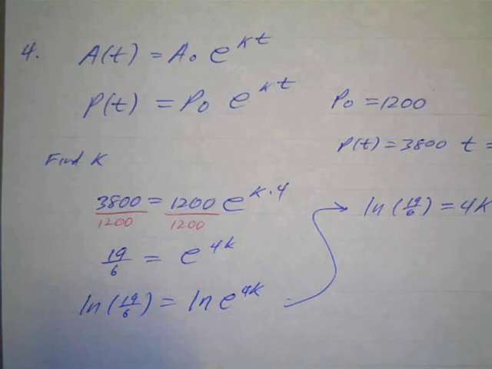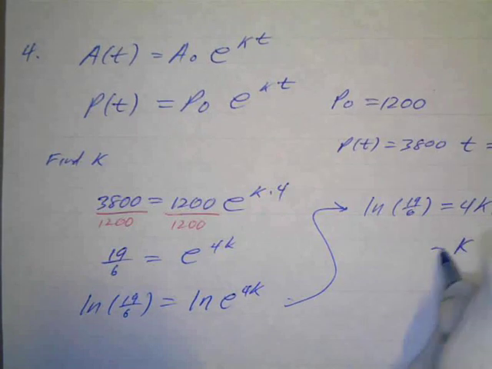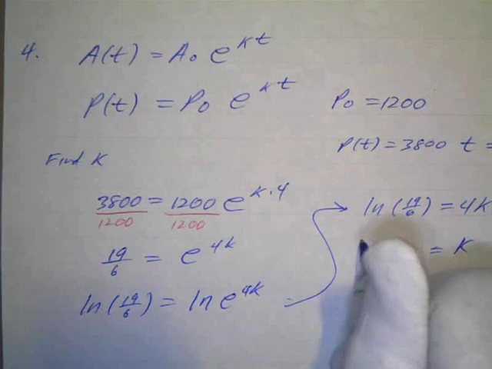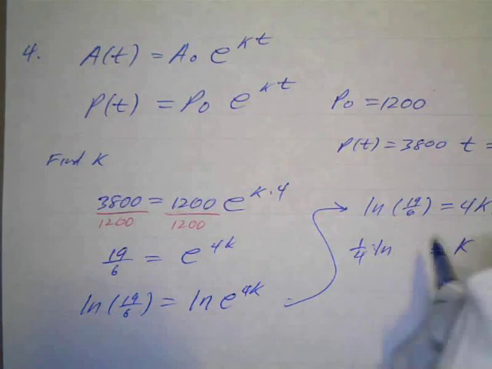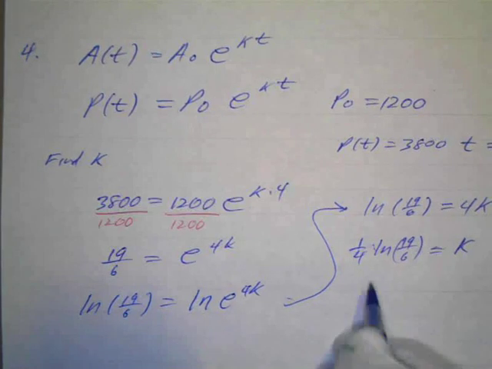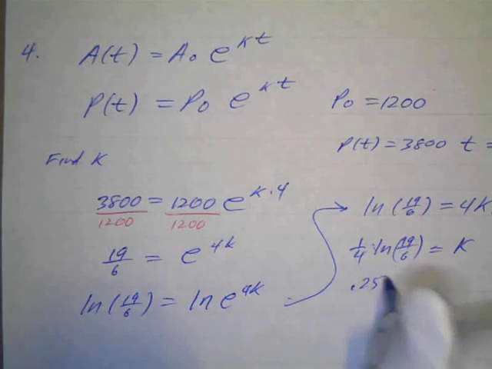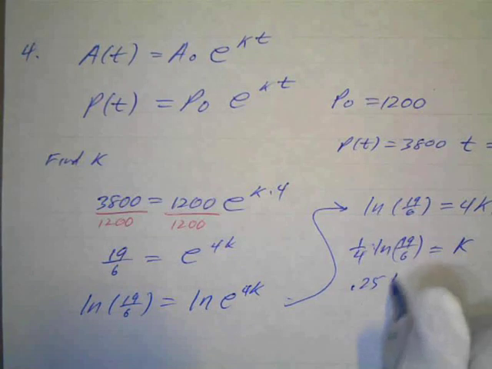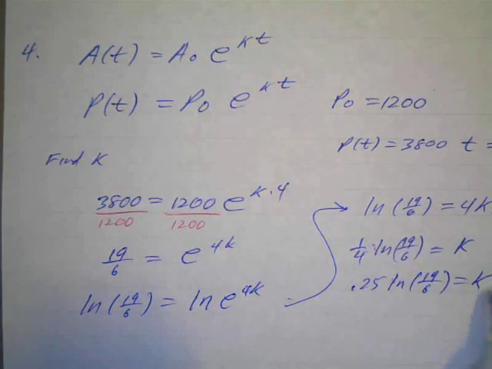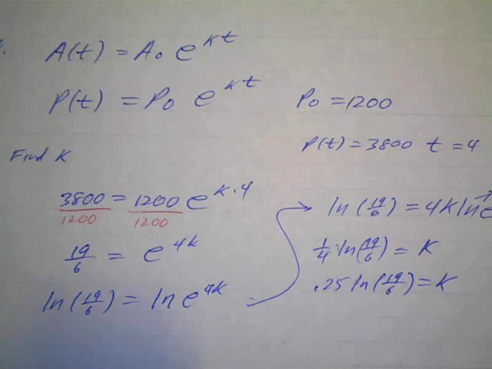So then I just divide both sides by 4, and k equals 1/4 natural log of 19 over 6. And I could also write that as 0.25. So if you can, change it to decimal. You don't have to, but you can.